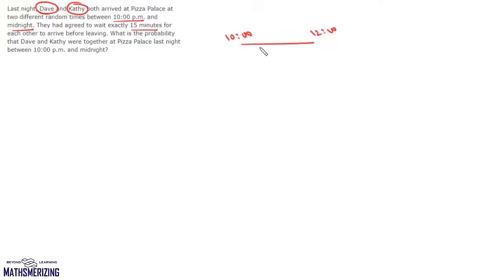Now their arrival can be mapped with a line segment of length 120 units, 1 unit for every minute. Now since we have two variables, one for Dave and one for Kathy, how do we write the sample space of their arrivals?